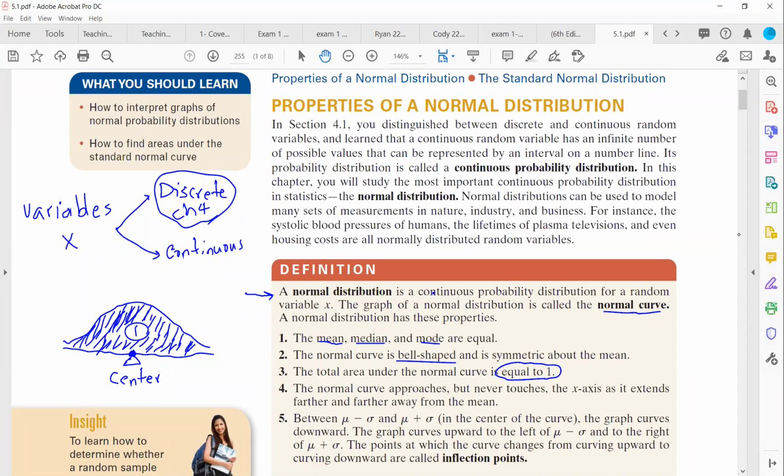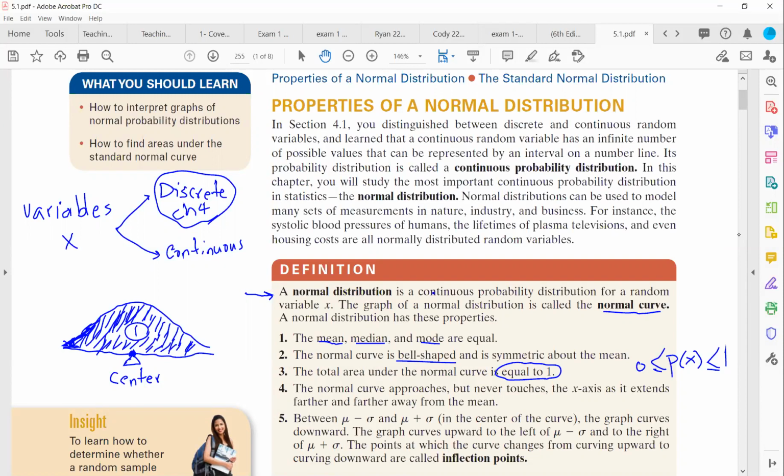Remember that the probability is always between 0 and 1. On the left-hand side, the area or the probability is 0.